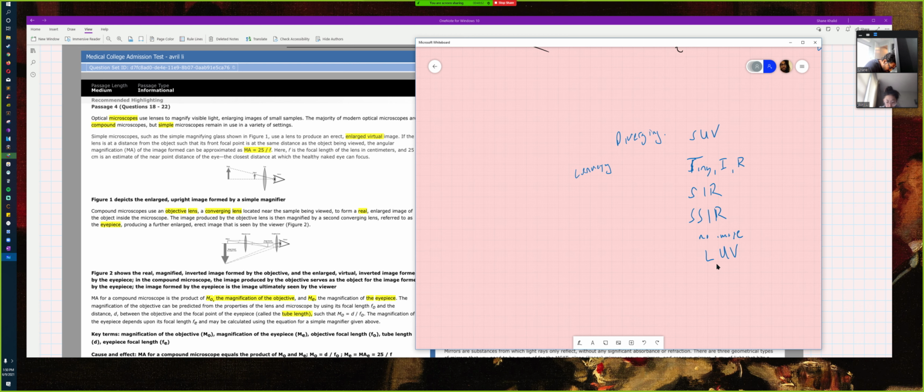So if the object distance is at infinity, it'll produce a really small inverted real image.